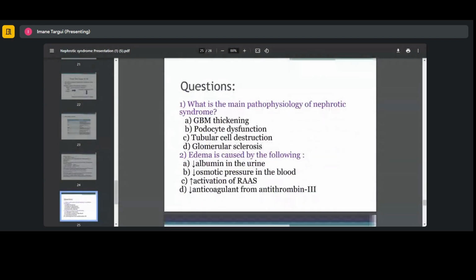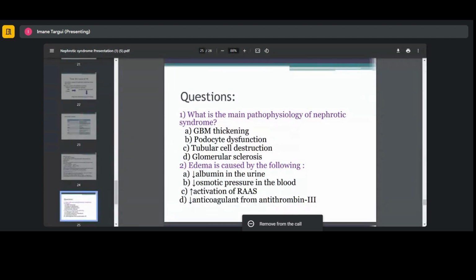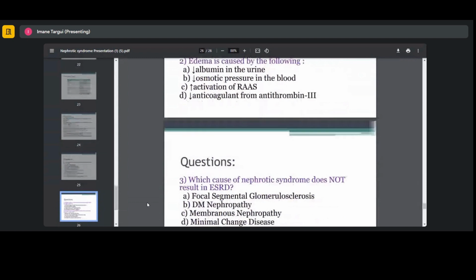Okay, we have questions. What is the main pathophysiology of nephrotic syndrome? As we said before, the main cause of the symptoms, which causes proteinuria, is podocyte dysfunction. It's B. The second question: edema is caused by the following: decreased osmotic pressure in the blood, and also stimulation or activation of the RAS system.